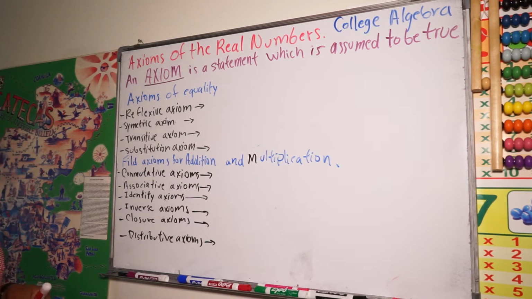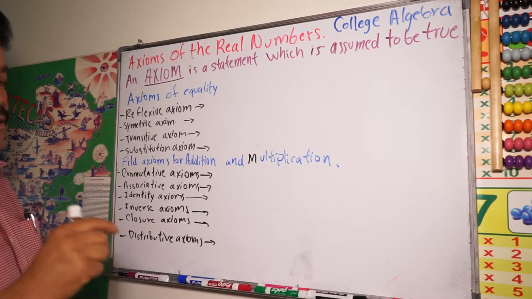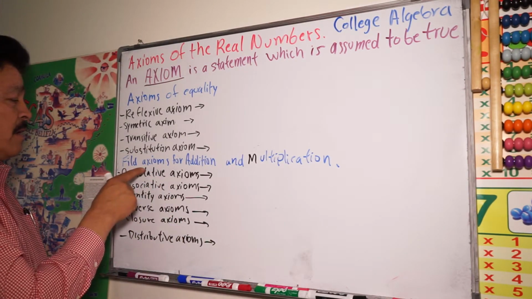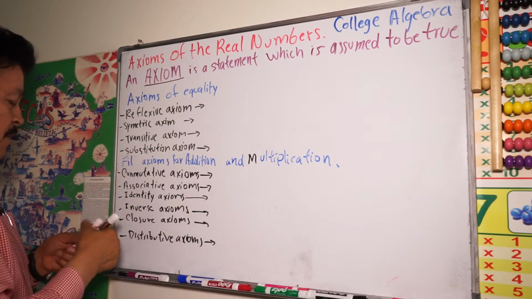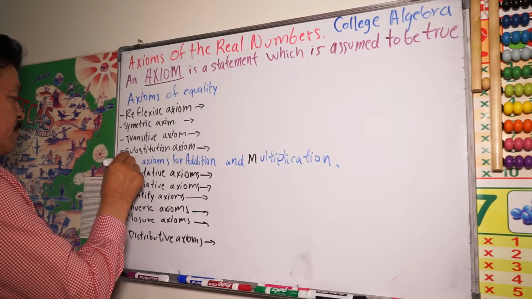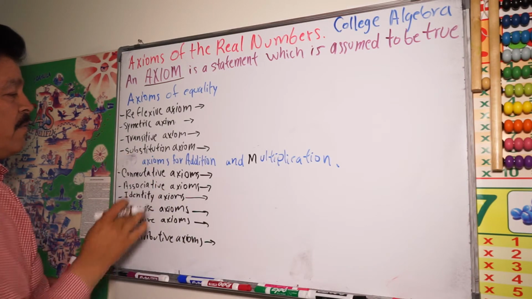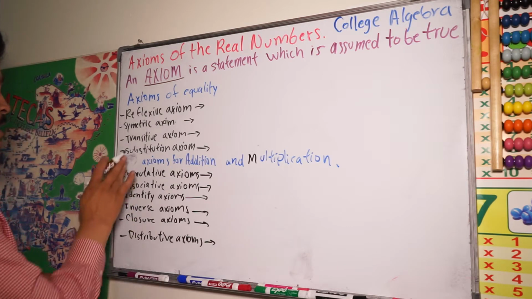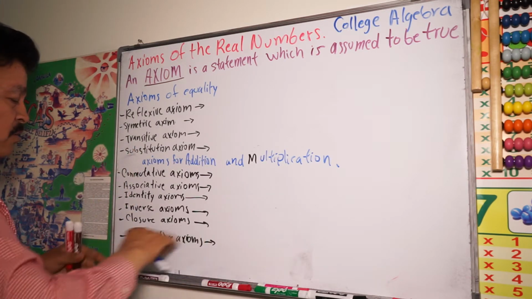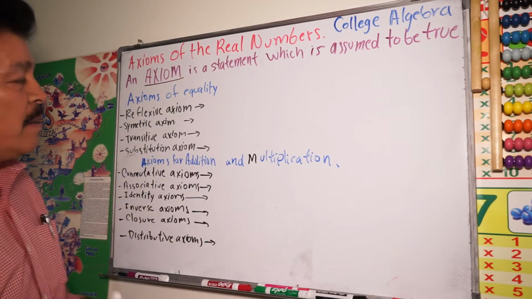We have some axioms of inequality, for example, and then other axioms about field axioms for addition and multiplication. This is another kind of axioms that we have to show you.